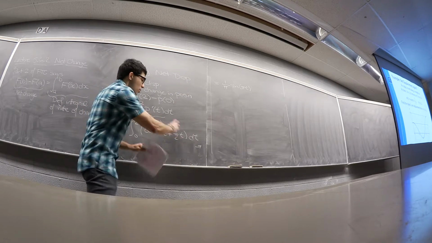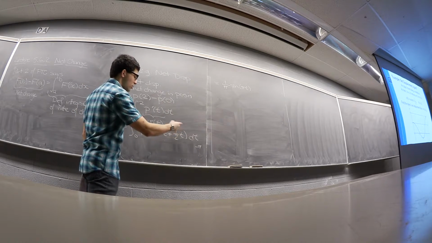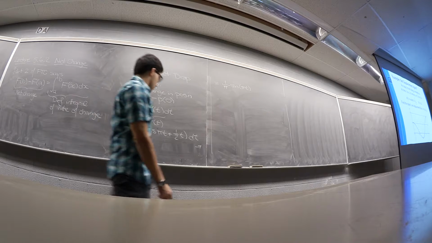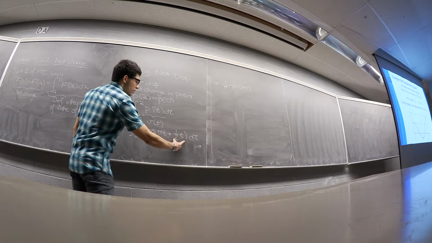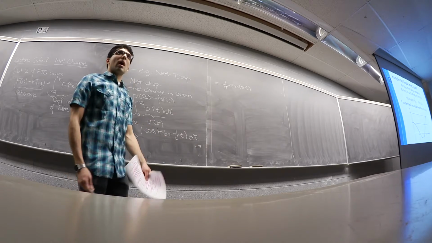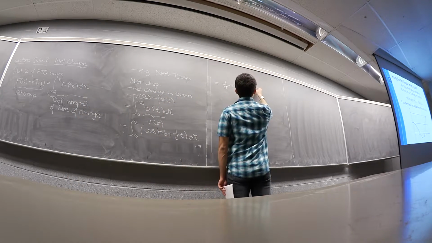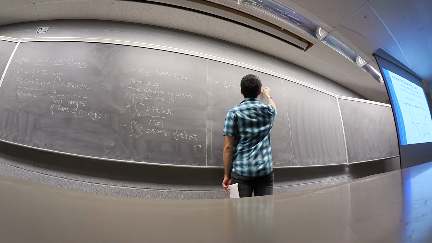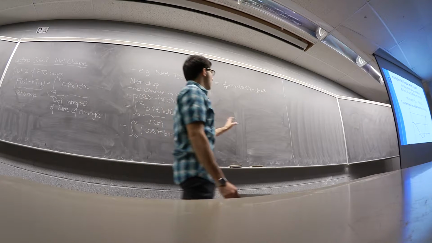Do this however you want. You can do this in one step, pull out the constant, whatever you want. What's an antiderivative of t? T squared over 2. Good? So an antiderivative of a half t is a half times a half t squared, so a quarter t squared. Again, check.